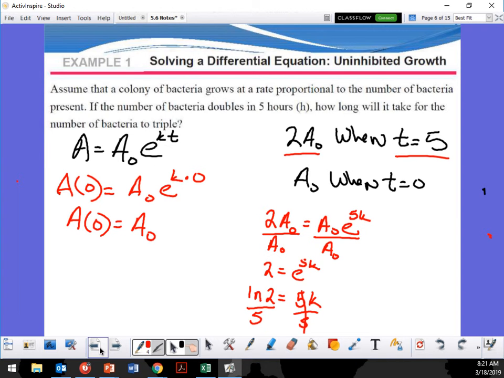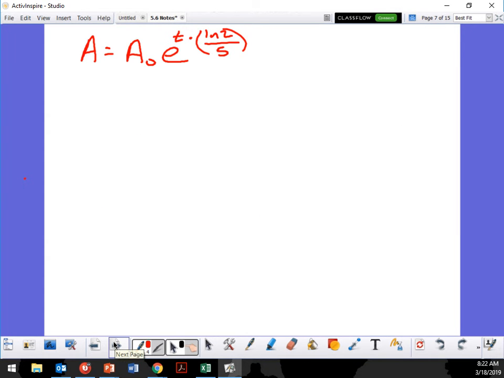Okay. From here, I now have my rate, I have my time, and I have my amount. I'm just going to say it's A sub naught, right? How long will it take for the number of bacteria to triple? So now I'm looking for 3 A sub naught. Let's plug that in.